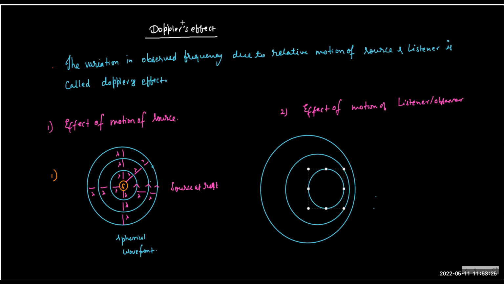Let's say the source is here as of now, and I draw the line of motion towards the right. There is something interesting you can observe here: the two crests on the right side have the minimum separation.